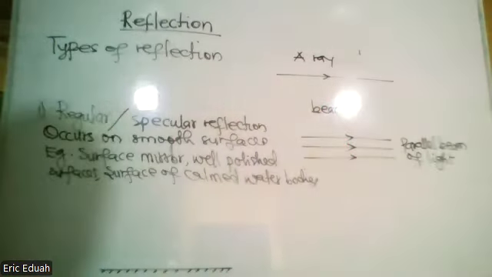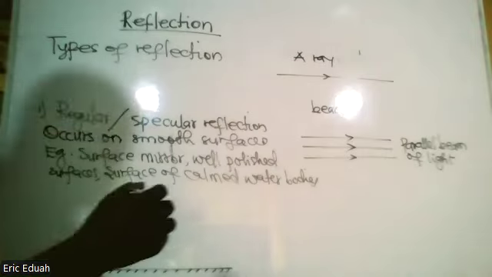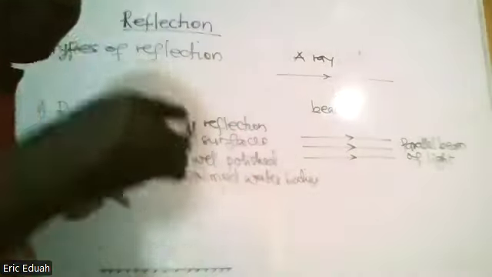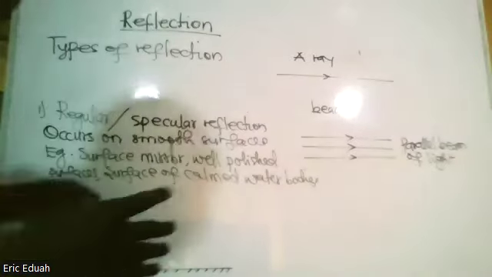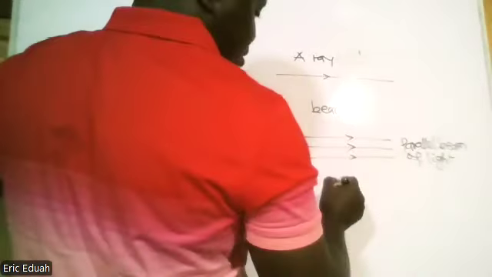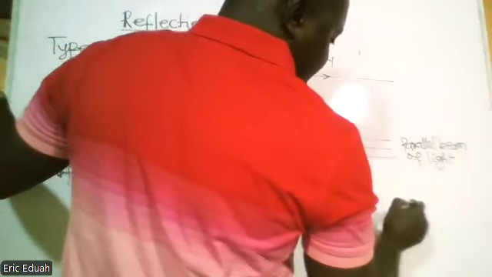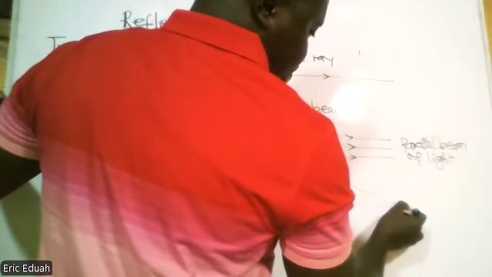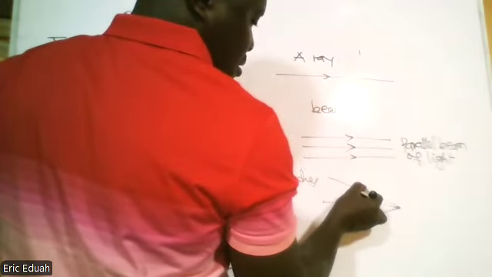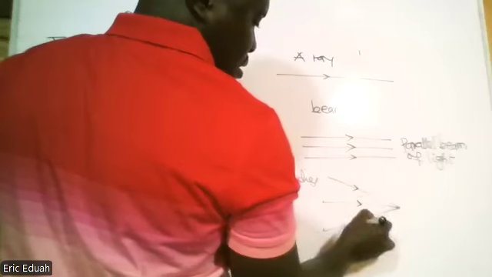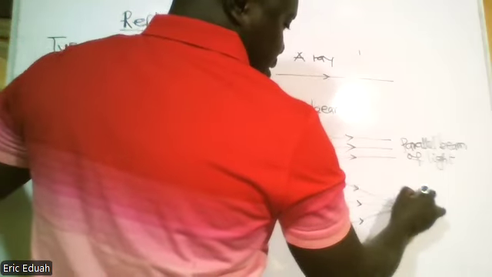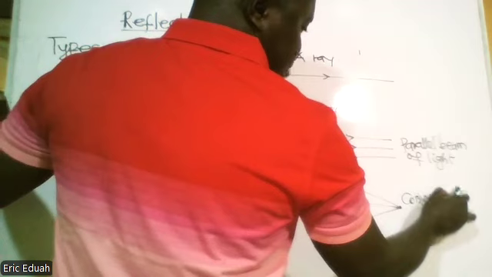Then we also can have a convergent beam. The rays or the beam of light are converging at a point. So this is a convergent beam.